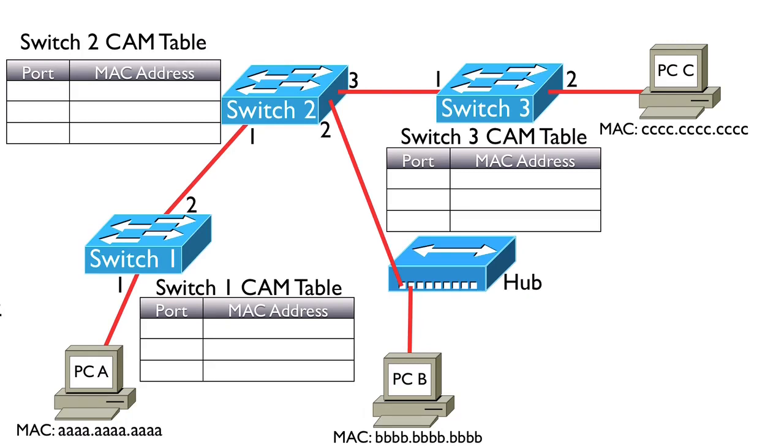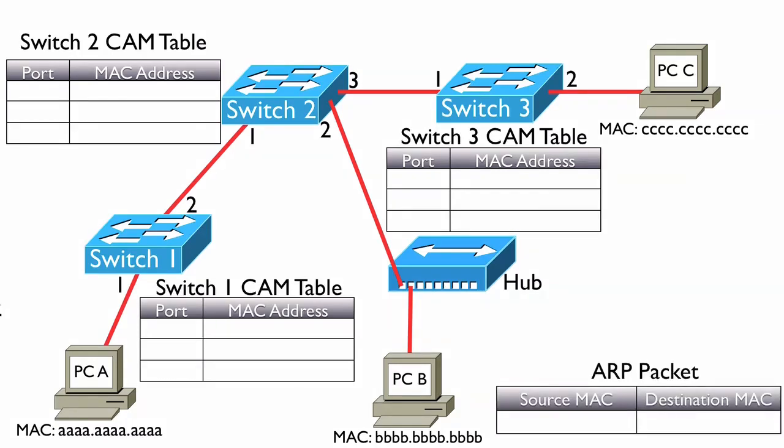Let's say that we have a frame, it's an ARP packet specifically that's going to be sent out in the network, but at layer 2, at the frame level, the source MAC address is the MAC address of PCA. PCA, it's wanting to communicate with PCC as an example. And it knows the IP address of PCC, but it doesn't know the MAC address. How does it learn that? It can send out an ARP broadcast.